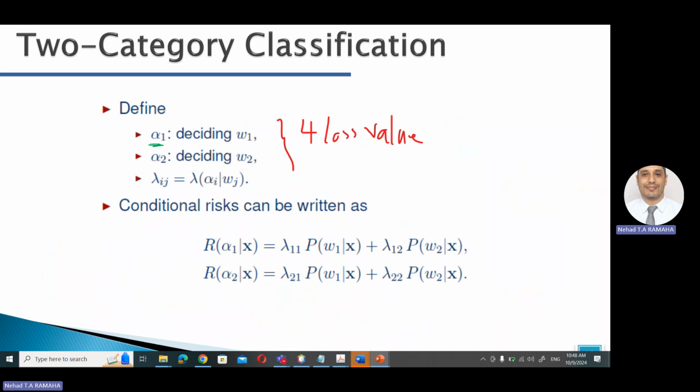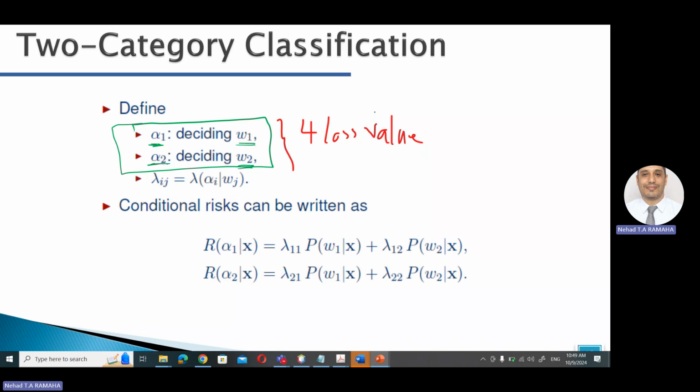So action 1 is deciding that it's W1, it's sea bass, for example. Action 2 is deciding it's a salmon, for example, in our example. So action 2 is deciding that this item is W2. And how many losses do we have here? 4. Why 4?